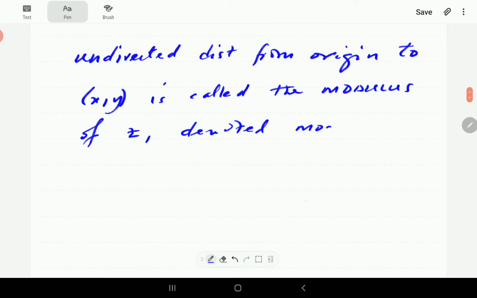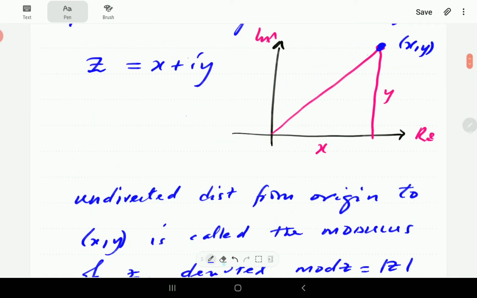We can write mod z. We can also write z with these absolute value lines, or we denote it r. So that is this distance here. Okay, so that's the modulus.